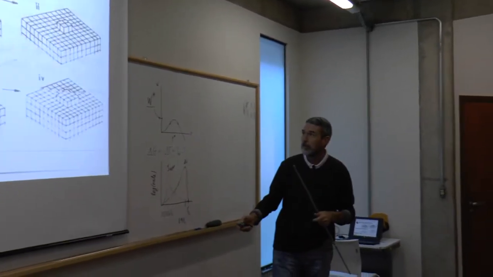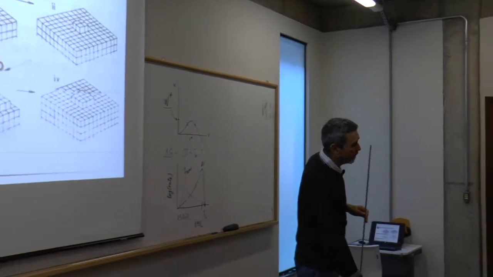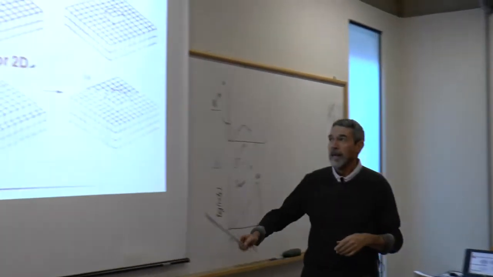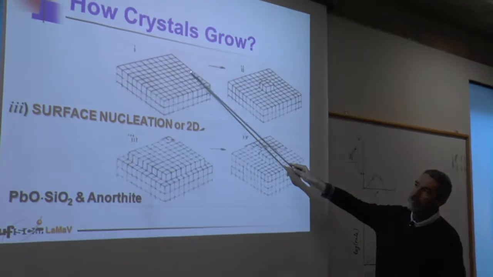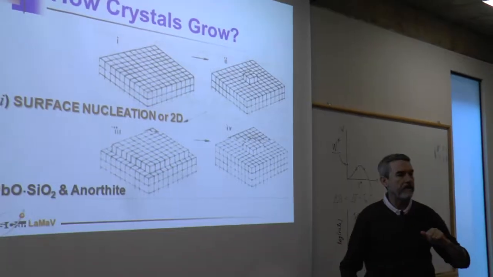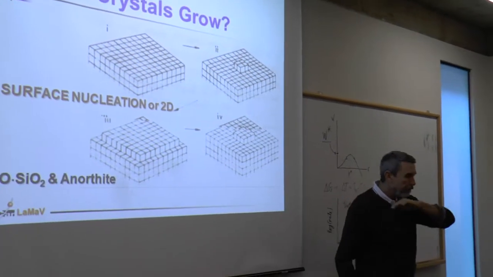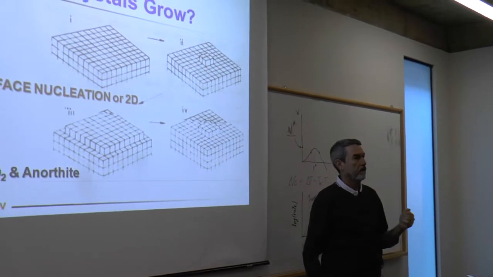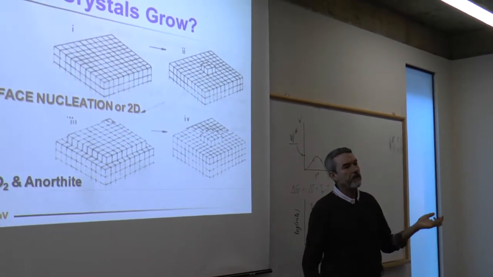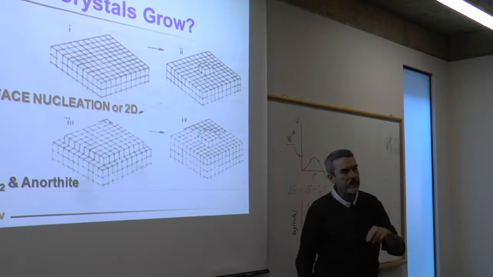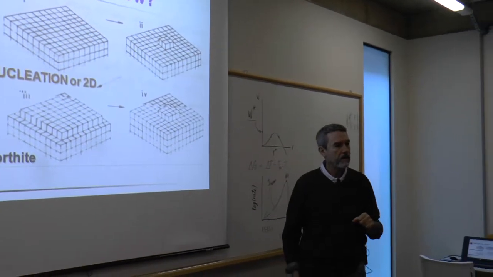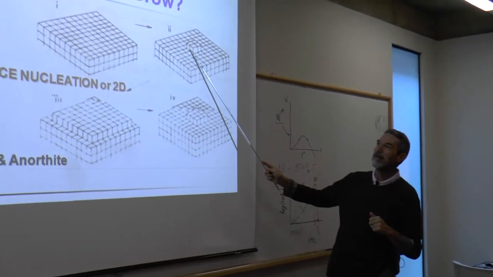And also, there's a third interesting model. If the growing crystal has a perfect interface, atoms from the liquid have a hard time attaching to that growing surface. So they have to nucleate again.